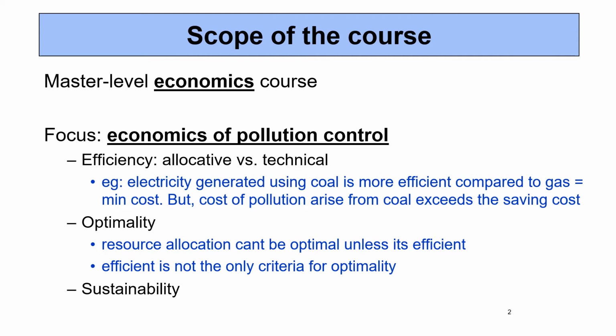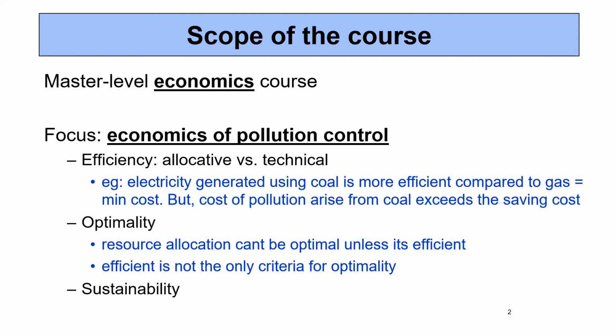However, the cost of pollution arising from coal exceeds the cost saving. So in this case, even though you are achieving technical efficiency, you are not achieving allocative efficiency, because in order to achieve allocative efficiency, the marginal benefit should equal the marginal cost, right?